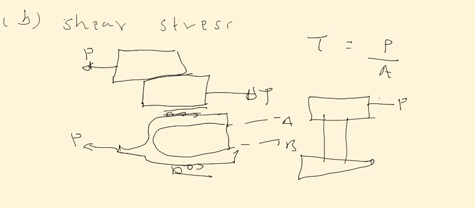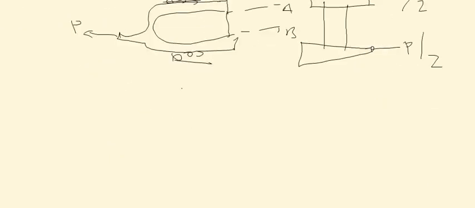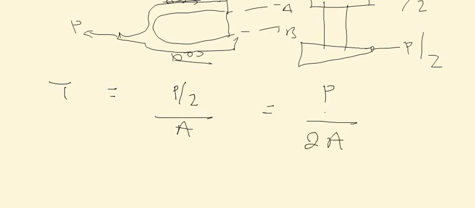If we apply the law of equilibrium, we can see P over 2, and this will be P over 2. So the shear stress of each section under double shear is equal to the force over 2 over the area, which is equal to P over 2A. This is for the case of double shear.